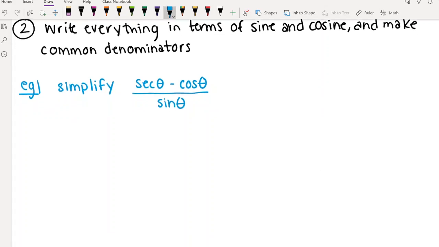Okay, so we're going to rewrite this as secant of theta minus cosine of theta over sine of theta. So really the only thing that can be written any differently is we can rewrite secant of theta as 1 over cosine of theta.